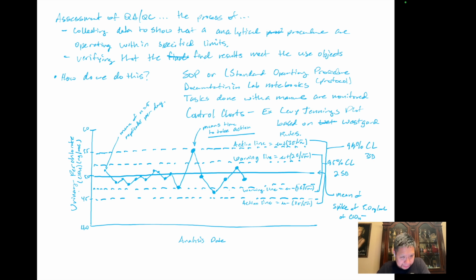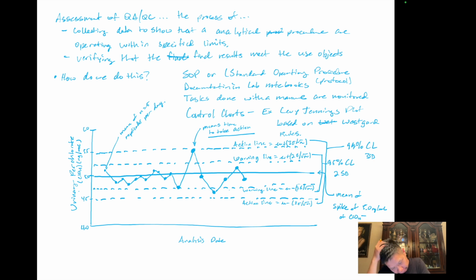It's for you to be able to go through and chart over time, over a period of several days, the mean of all the replicates that you do for that day, right? And as you track them, you can see if they're deviating at all from what should be the expected value, right?